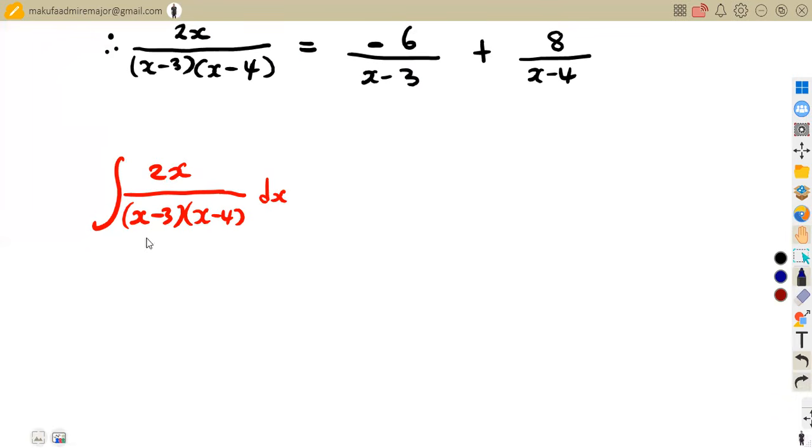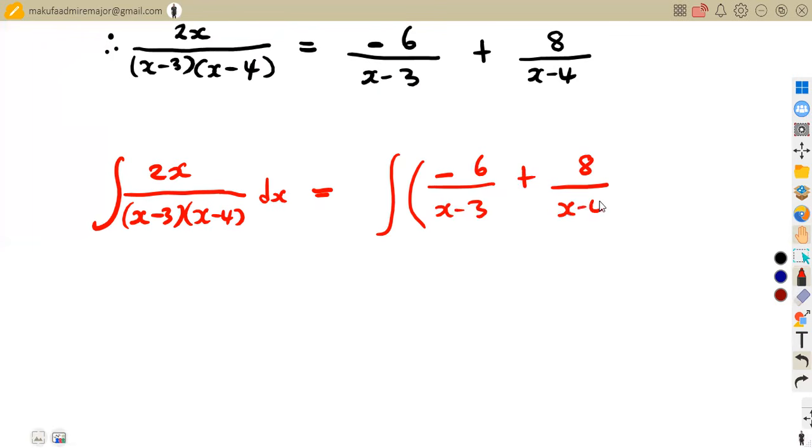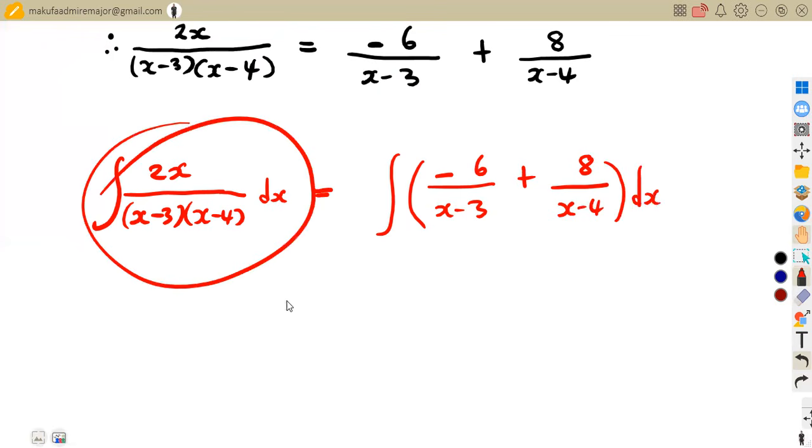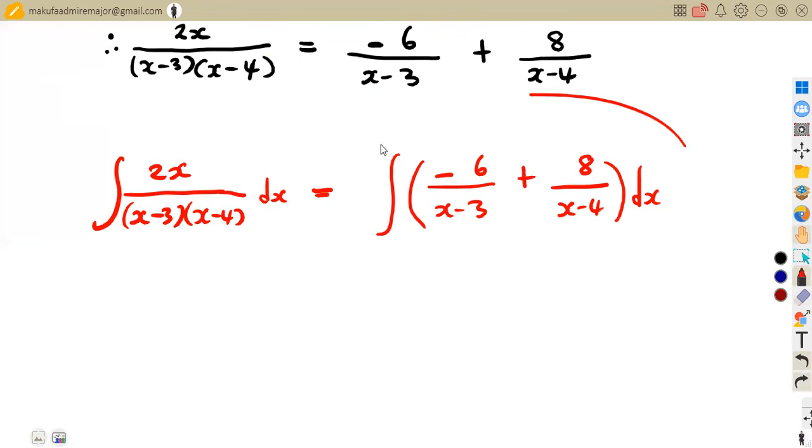So this whole integral is the same as the integral of the part that we got, because these two are equal. So we are going to have the integral of -6 over x minus 3 plus 8 over x minus 4 with respect to x. That is the same thing that we have here, but we have expressed it in a situation that we are able to integrate.